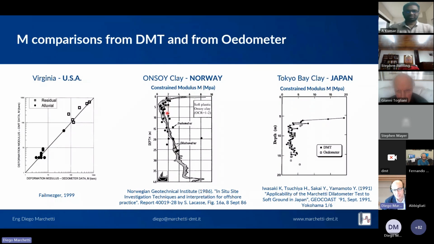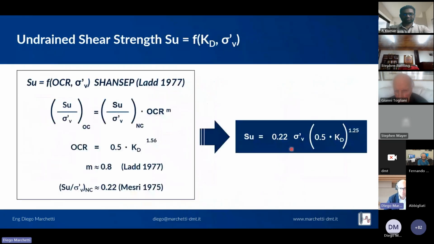You see the black dots are the odometer tests, and the shaded region is between 2 DMT tests, showing a very good agreement and maybe even less scatter. And then in Japan, in the Tokyo Bay clay, the modulus M is almost coincident with the odometer values.